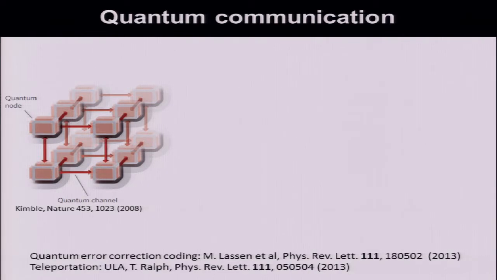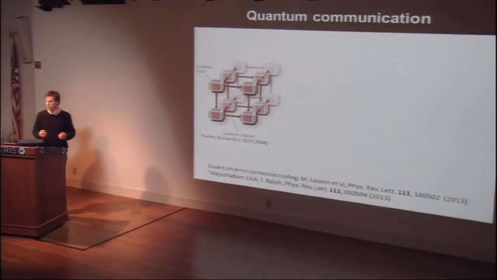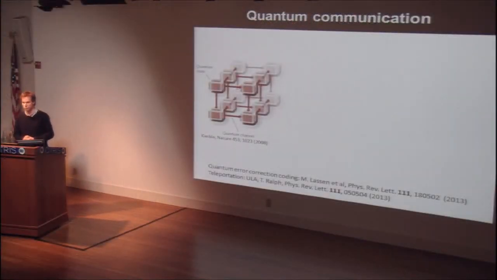Or you can also use more sophisticated types of transmission protocols like quantum teleportation. And this is something that you will like to do if you want to communicate over very long distances. Fibers will not work over very long distances because fibers are lossy and noisy. But if you want to go over very long distances, then you should probably resort to teleportation.